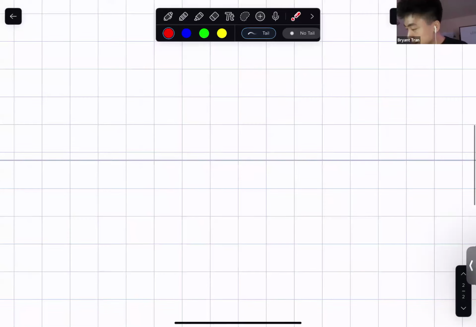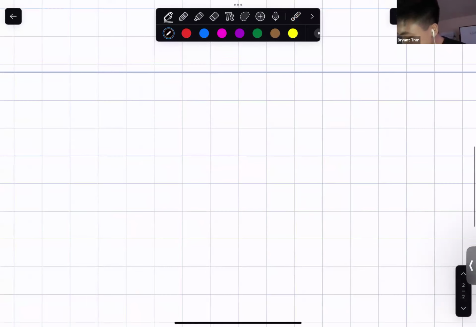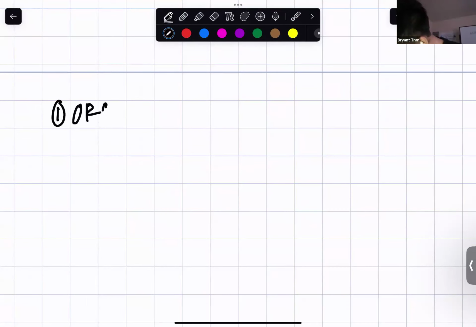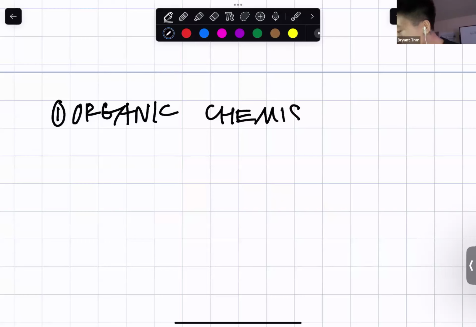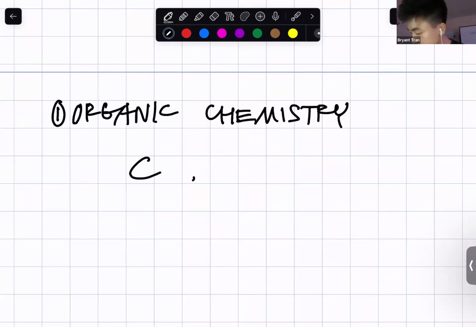Okay, so let's first start with section 1, organic chemistry. So organic chemistry, you can think of it as the chemistry of carbon, right? And specifically carbon and hydrogens, because organic molecules will have carbons and hydrogens.